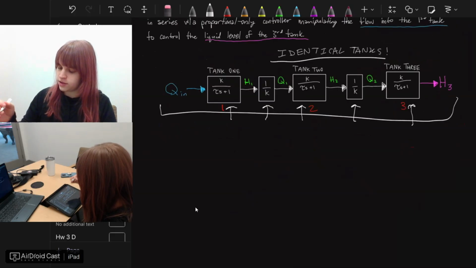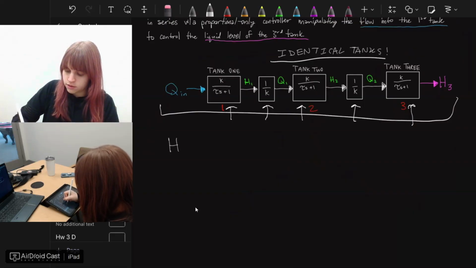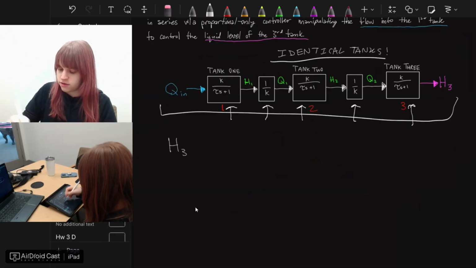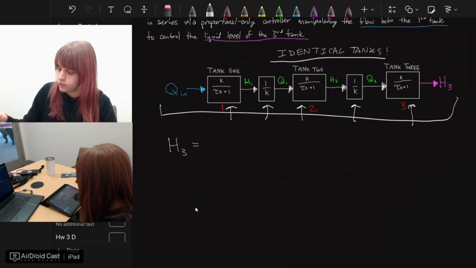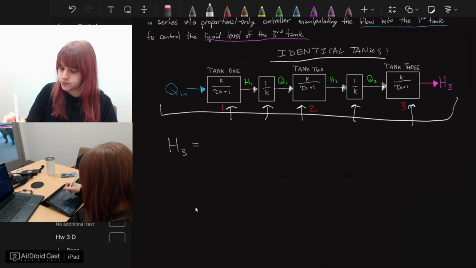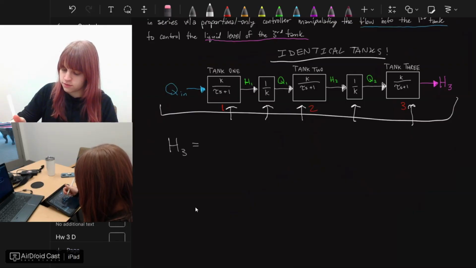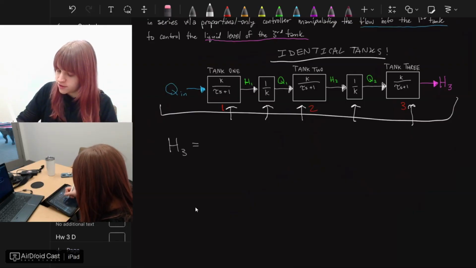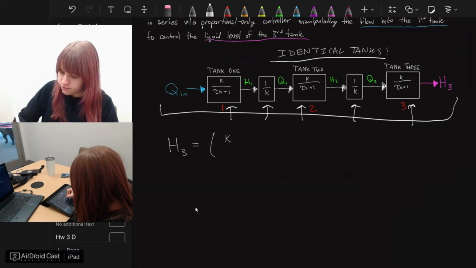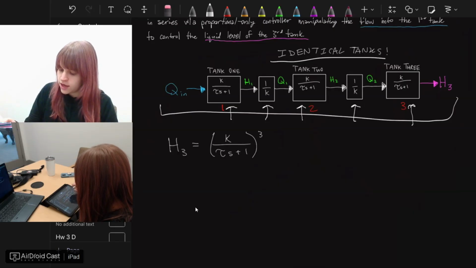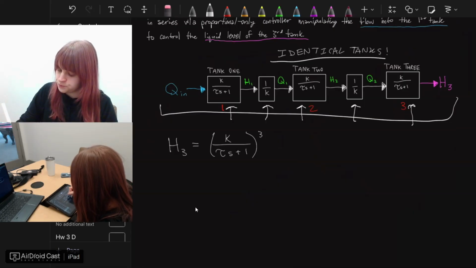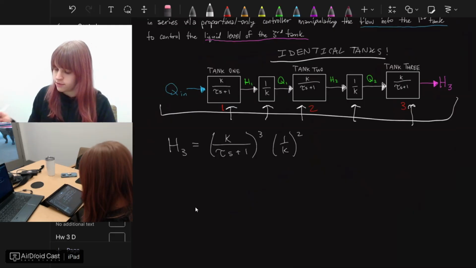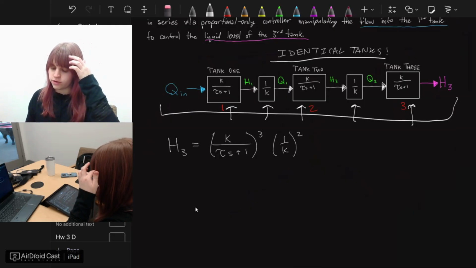We say that this H3 is equal to each of these boxes that I have, each of the transfer functions multiplied together. So we know we have 3 of the K over tau s plus 1, and we have 2 of the 1 over K. So I'm just going to cube and square those.